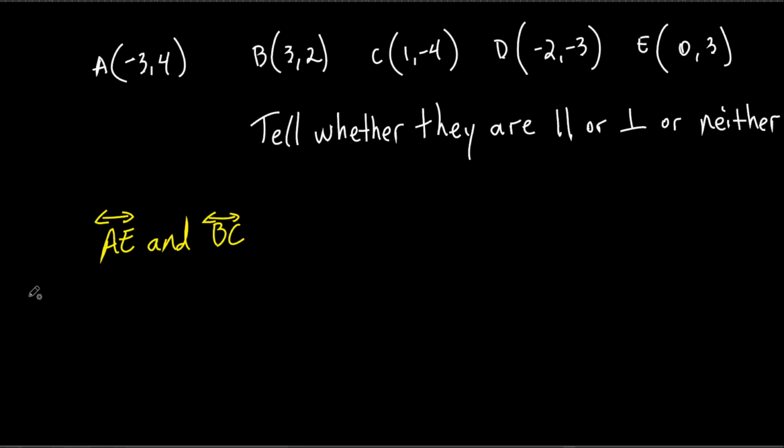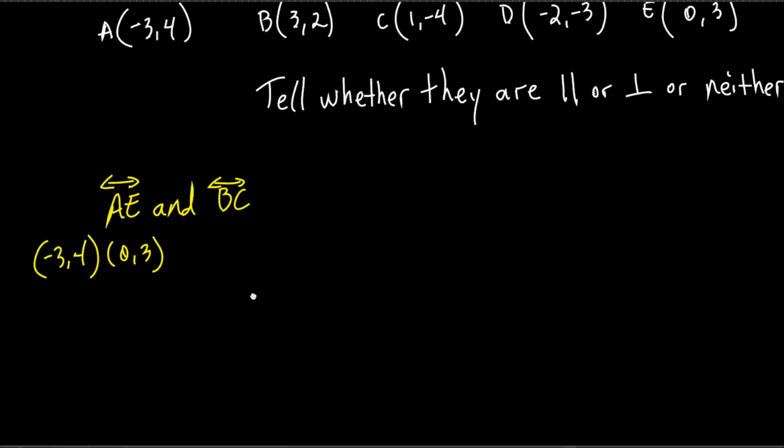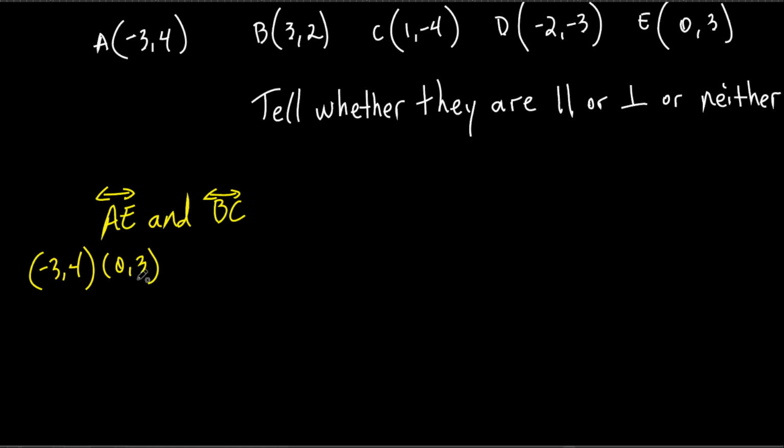So what I would do is write down the point for A and the point for E, 0, 3. And let's just do the slope. So we should be able to do this pretty easy now. It's the rise over the run, the y's over the x's.